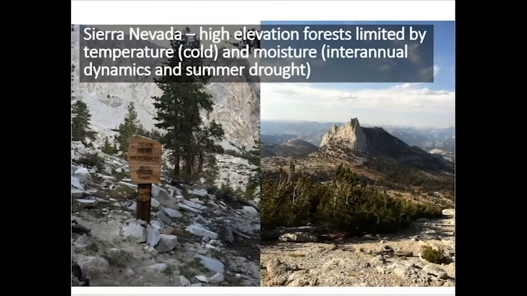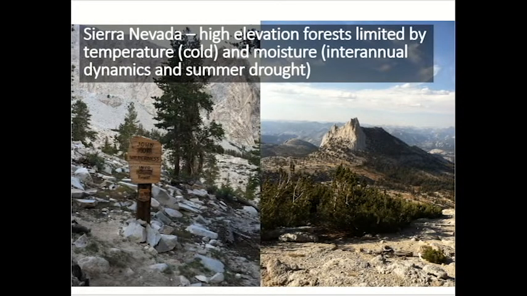Now, as we get up into the high country of California, things change again. The high elevation forests of California are dominated by whitebark pine, limber pine, and even in some areas, bristlecone pine. These are trees that are adapted to very cold temperatures and dry summers.